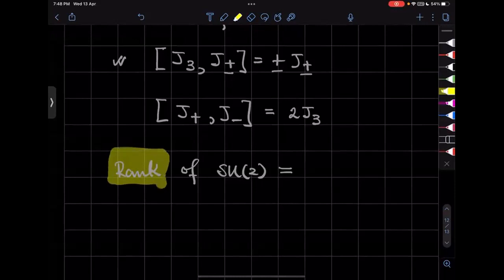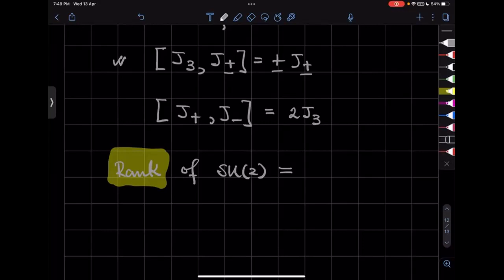Isn't it the same as the dimension of the algebra or something? No, it's the dimension of a subalgebra. What kind of subalgebra is that? Is it 1?